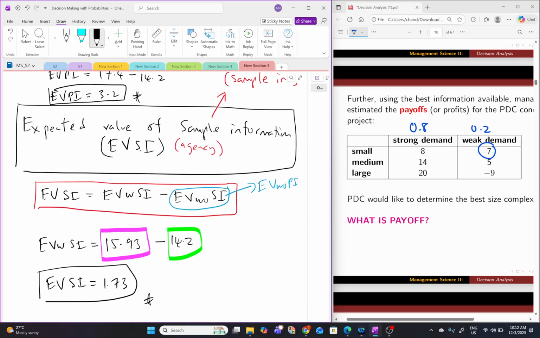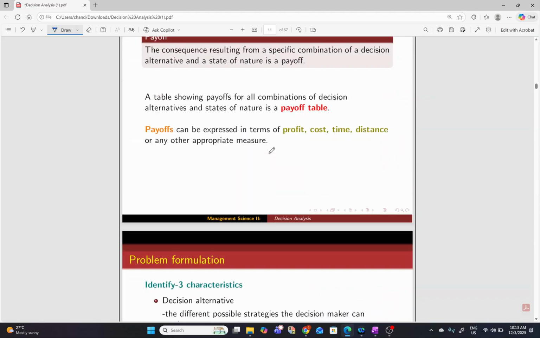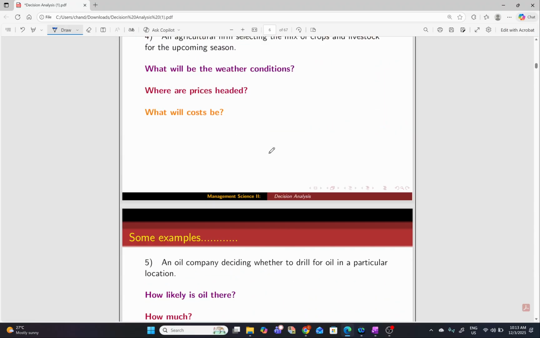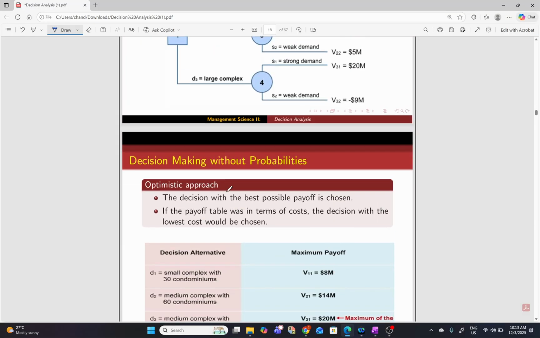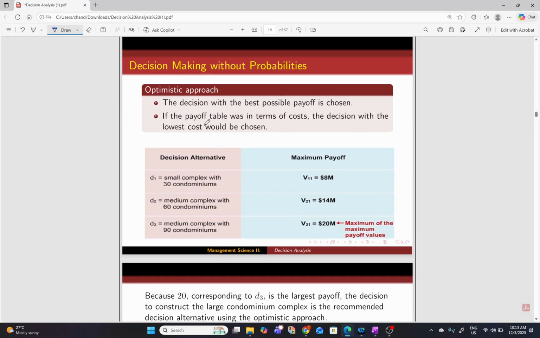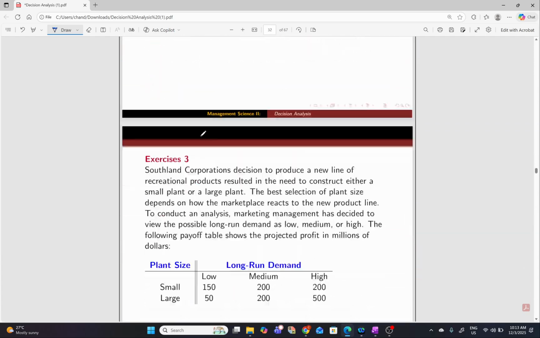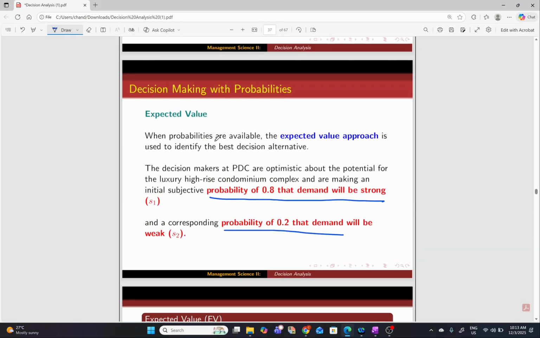So later I will send all the exercises. So here ada exercise. You focus daripada sini je. You focus daripada decision making with probability. Ni decision making with probability ya.